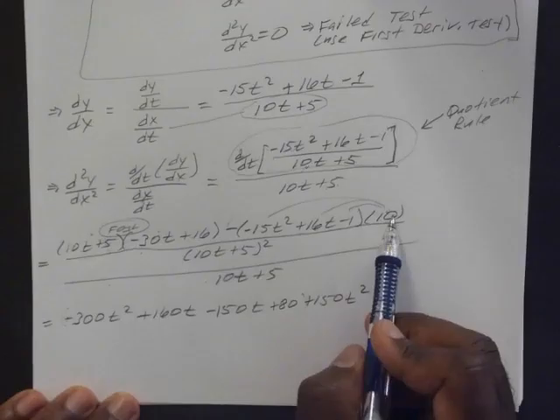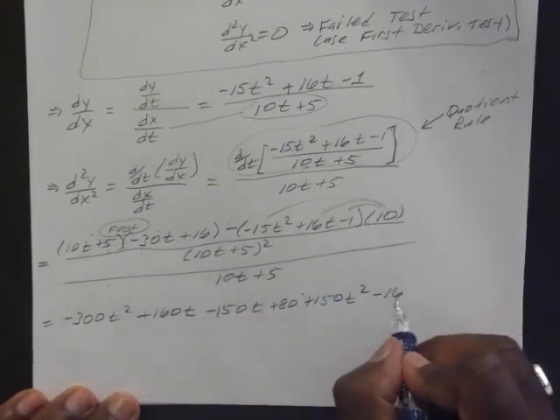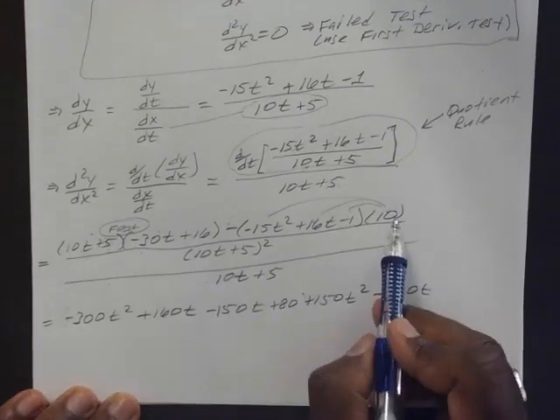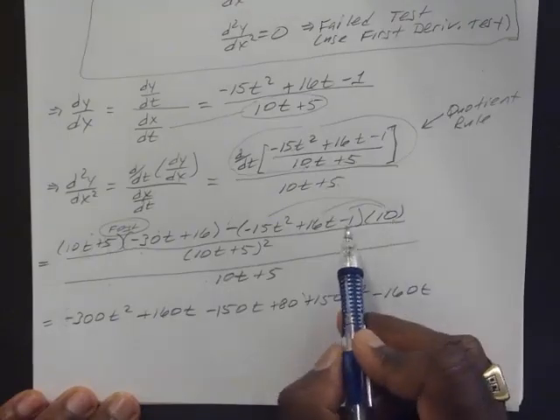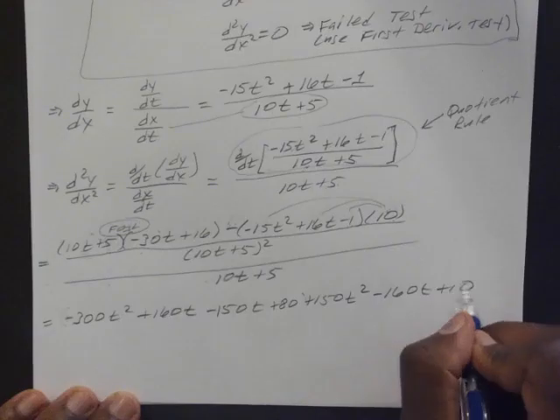Sixteen times 10 is 160. That makes that negative 160t. 10 times negative 1 is negative 10. Distribute that, it becomes positive 10.